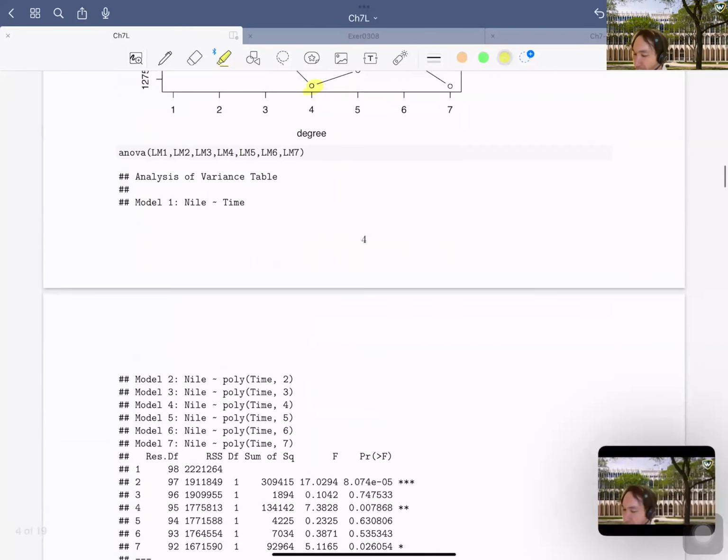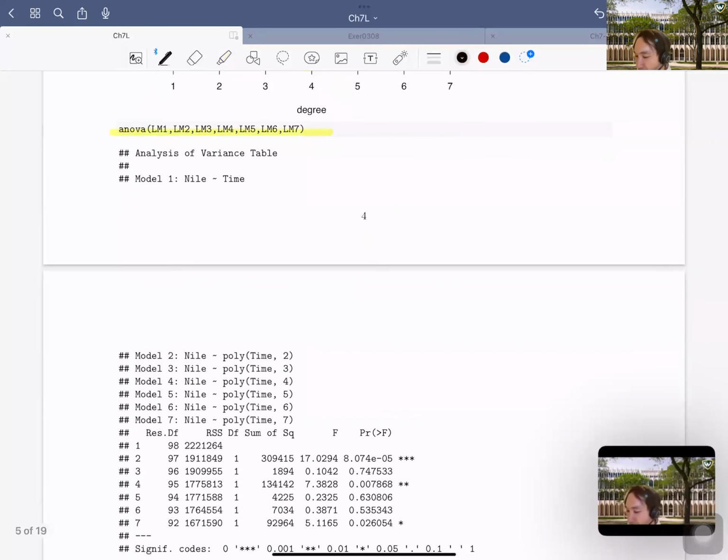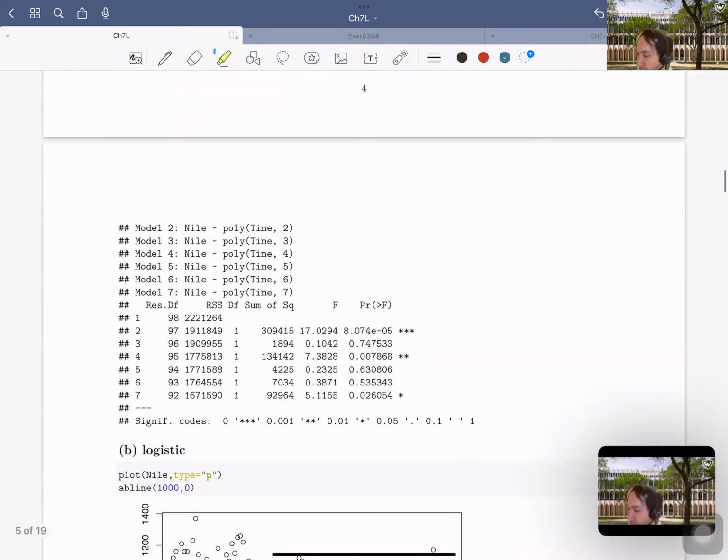And I also did the ANOVA. So we compare the adjacent models, and whether lm2 is significantly better than lm1. These are sequential test results. The second degree polynomial is significantly better than first degree. Third degree, not really. Fourth degree is actually better than 3.